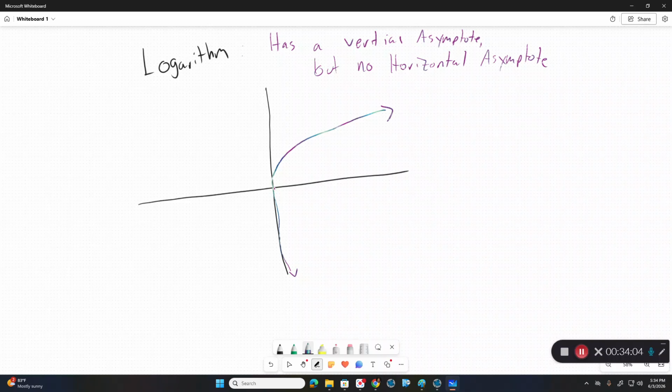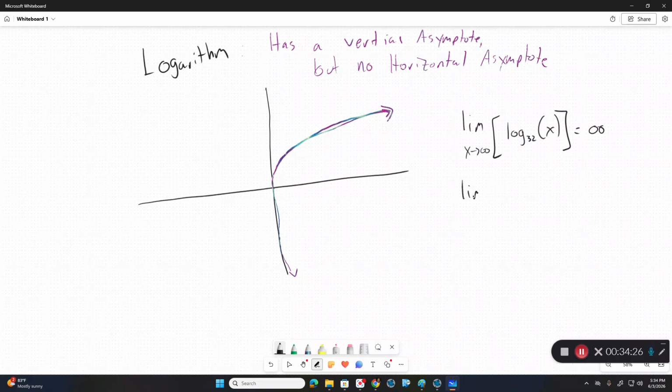It seems like this sort of behavior is dying off. But it's really not. It really is becoming larger and larger and larger. So the limit as x approaches infinity of, let's just say, the log base 32 of x actually grows without bound. It will grow forever, which seems counterintuitive.